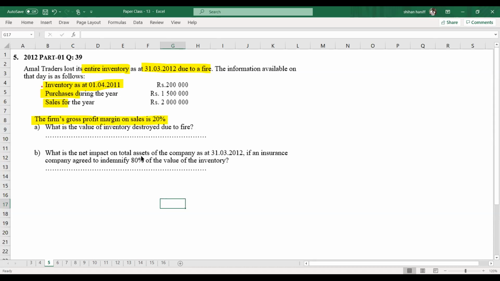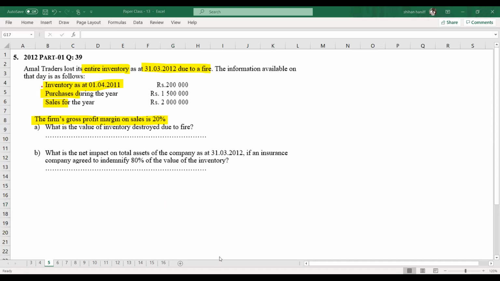So this is also a similar question to the one we did earlier. What is the value of inventory destroyed due to the fire? Okay, I'll give 2 minutes. Can you all do it? There is a question. Can you please explain the net profit and gross profit?